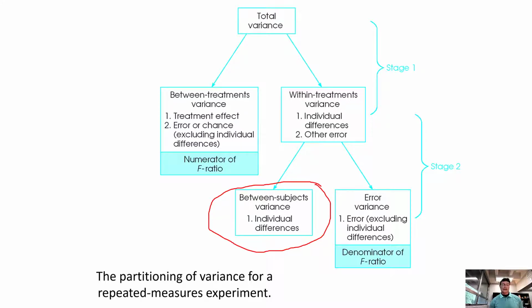So the denominator gets smaller, which helps the chances of that F ratio being significant, but we're throwing away all those individual differences. And I think those individual differences are useful to look at, rather than just throwing them out. So that's another disadvantage of repeated measures ANOVA.